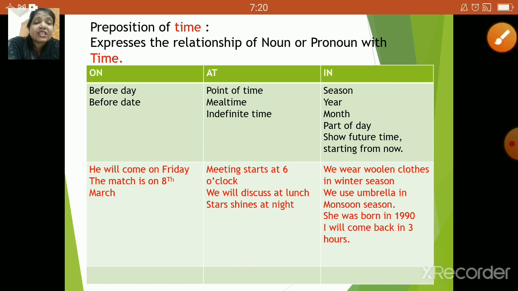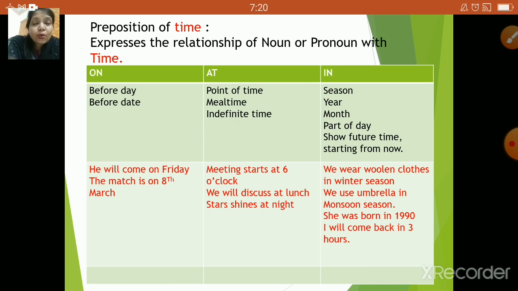All right, so we are expressing something about the season over here. Next, year, we use umbrella in monsoon season. Next, she was born in 1990. In 1990. Next, I will come back in 3 hours, right? So this is how we have to use in when we want to express all the above reasons.